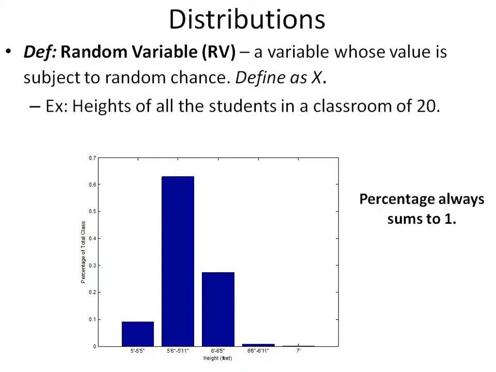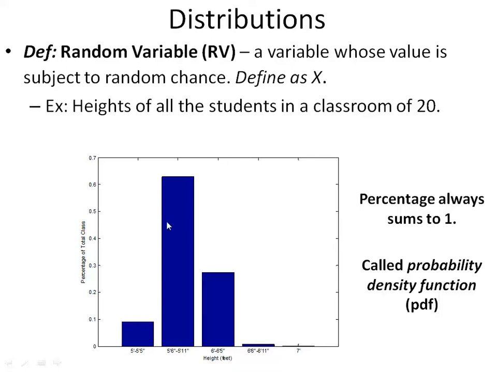And what's important to note is that all of these bars here have to add up to 1. Which intuitively should make sense because they all have to add up to the total number of students in the class. And so this actual distribution here or this plot is what's called a probability density function.